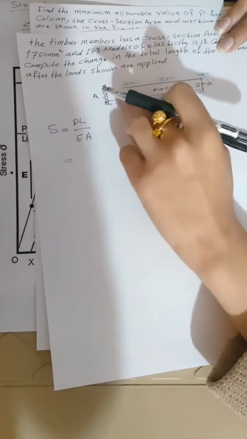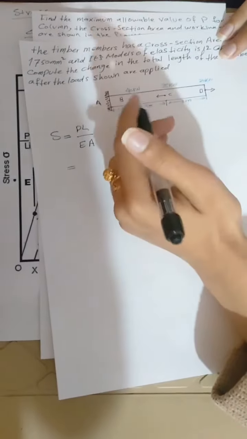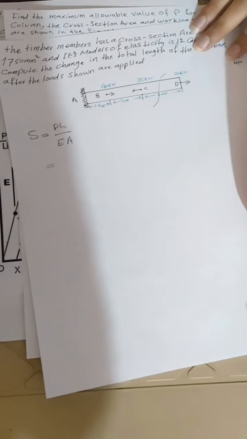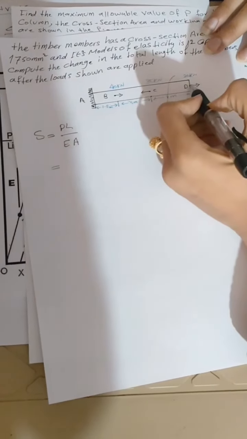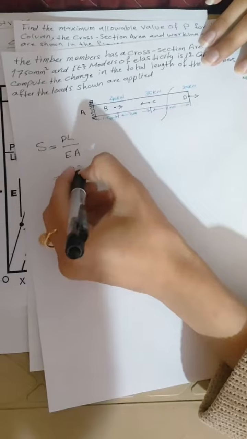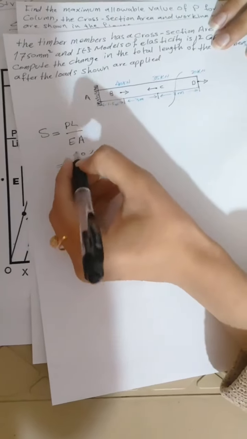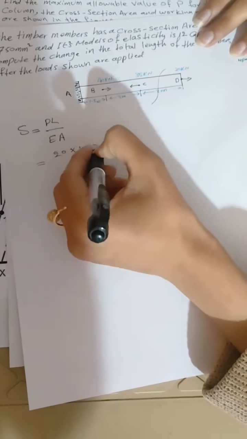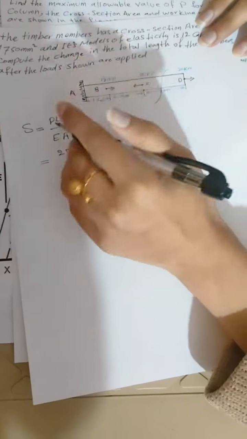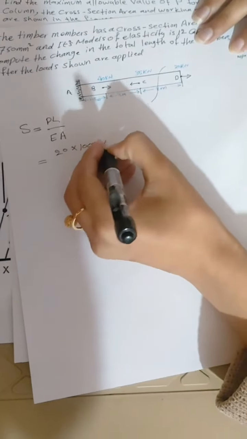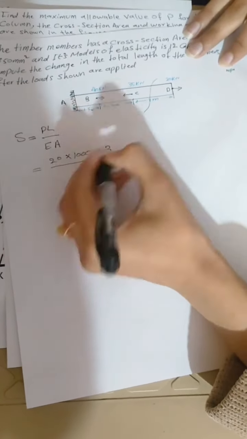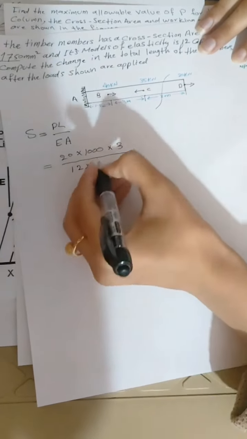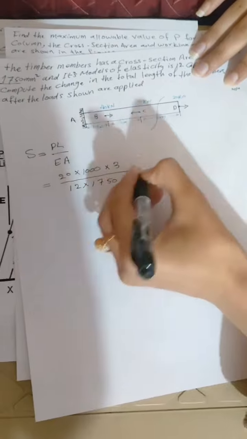At every point here there is a different P, so I will take a cut here and take the P of point D. It's 20, and because it's kilonewton, we need to make it Newton, and the L is 3, the E is 12, and the cross-section area is 1750.